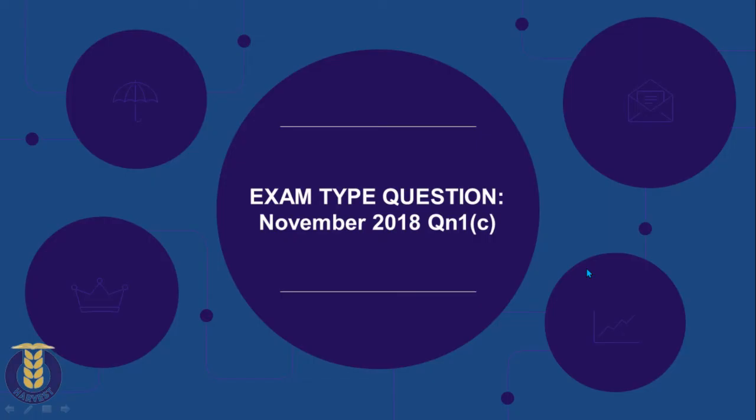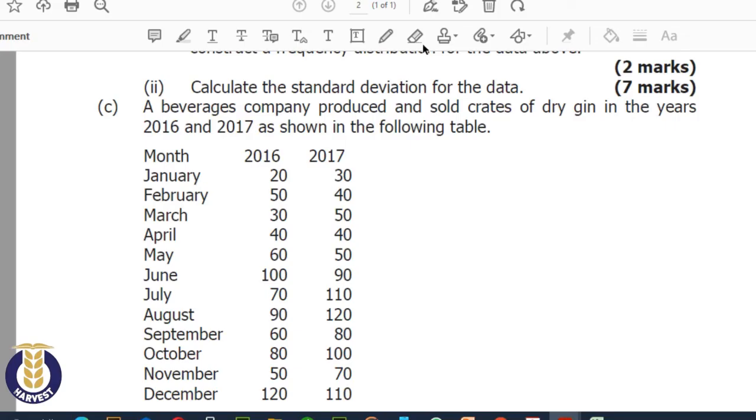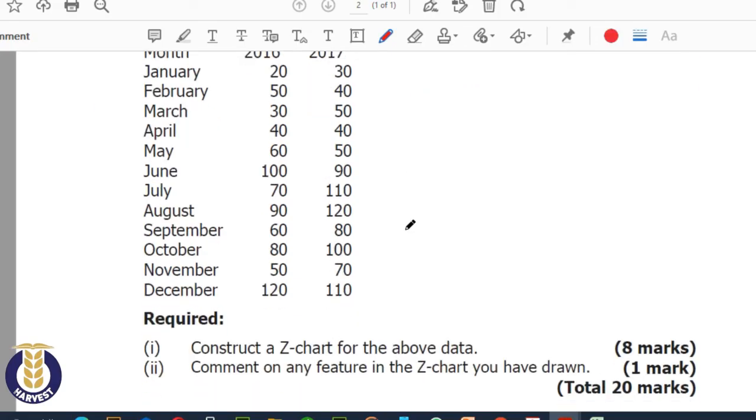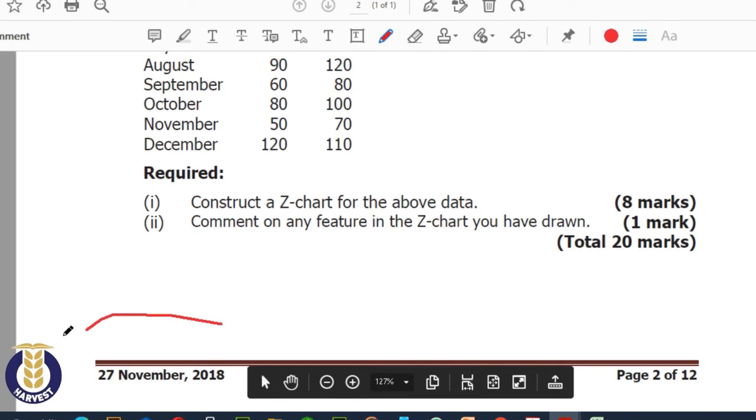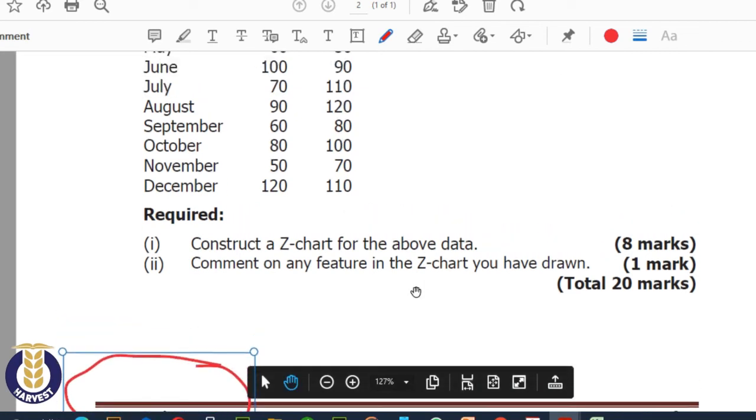To support this discussion, we are going to use November 2018, question 1, part C. This is an exam type question that's going to help us appreciate the construction of the Z chart. So on your screens is our November 2018, question 1.